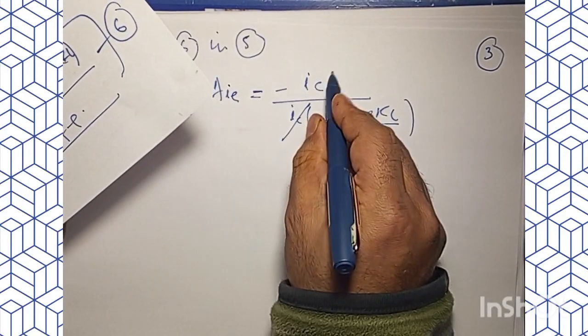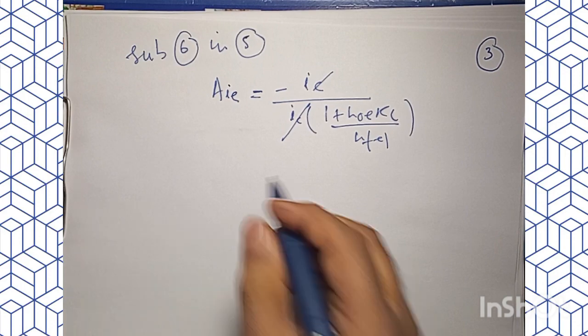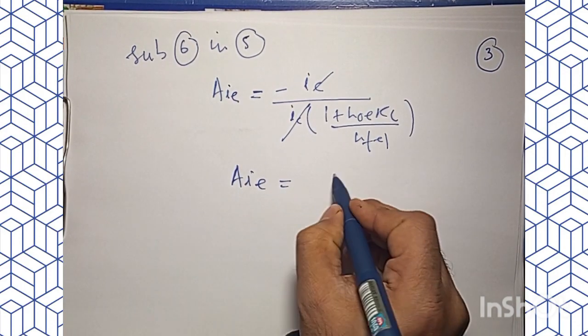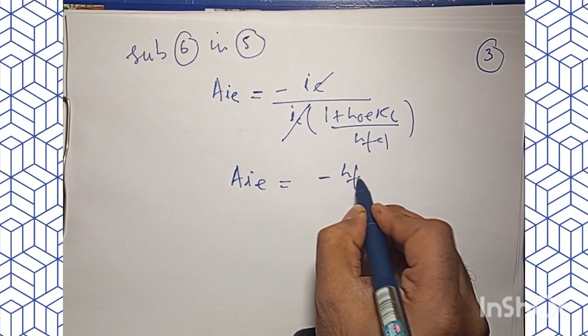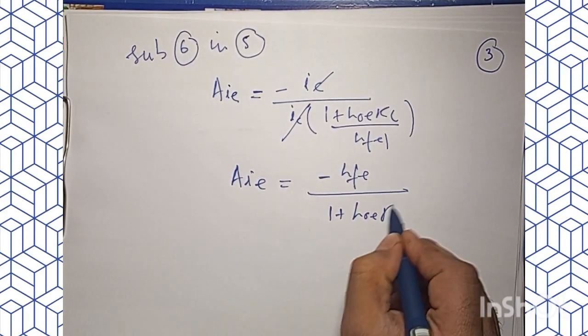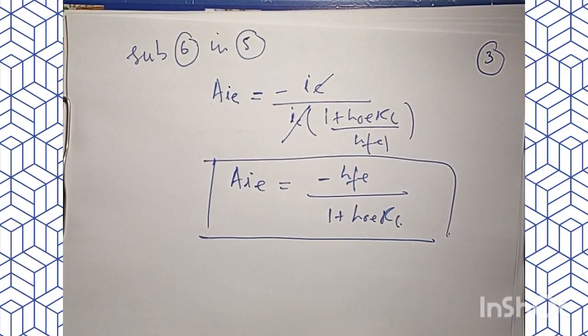I think this IC and IC will cancel from here. So what will we have? We will have AIE, the current gain. This will go up. So this is minus HFE divided by 1 plus HOE RL. So this will give me the current gain. This equation is going to give me the current gain, and I can make some approximations here.